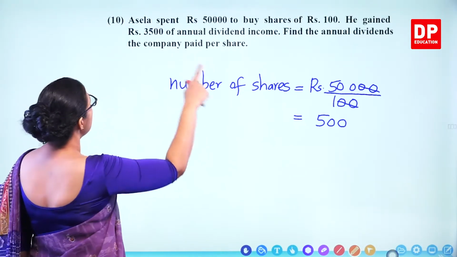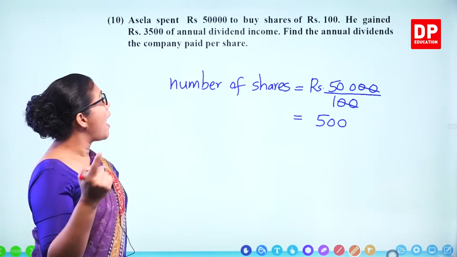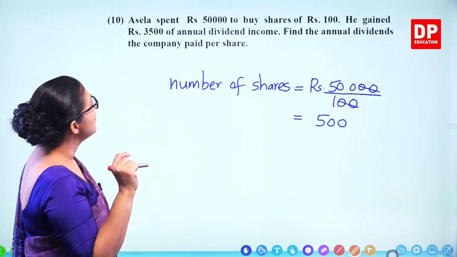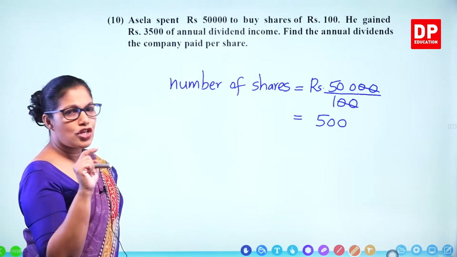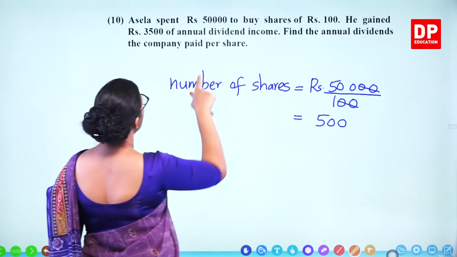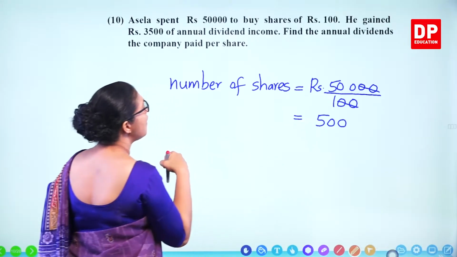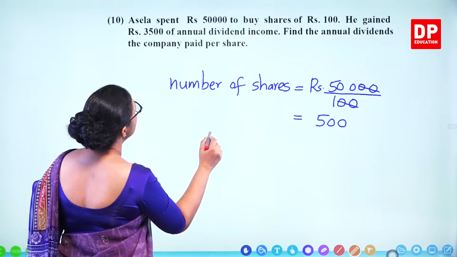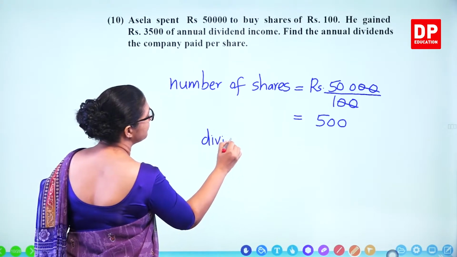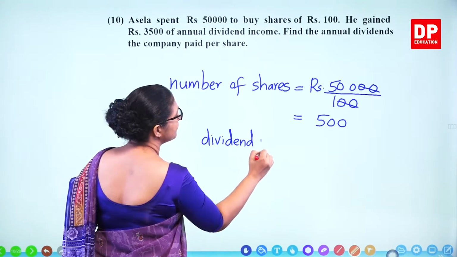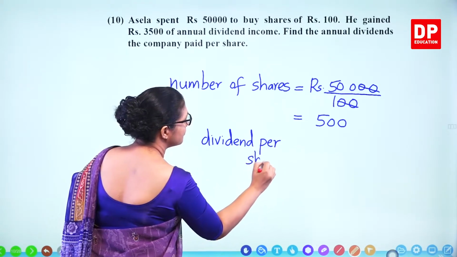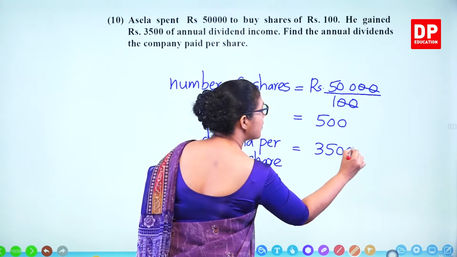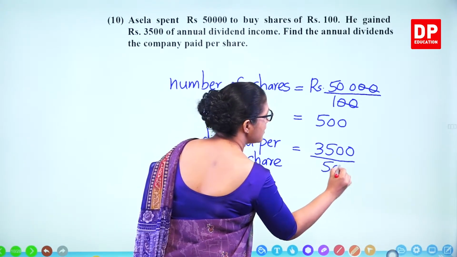Then he gained 3,500 of annual dividend income. So what is the dividend for one share? You can take 3,500 divided by 500. So you can find out the dividend per share. 3,500 is the total for 500 shares.